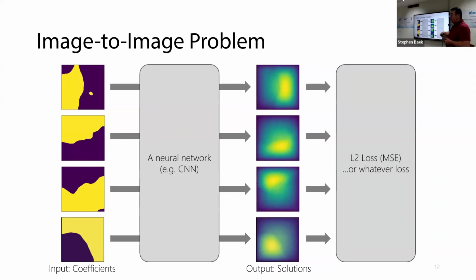And then you can train the neural network on that. Same thing. You just have multiple images as an output.